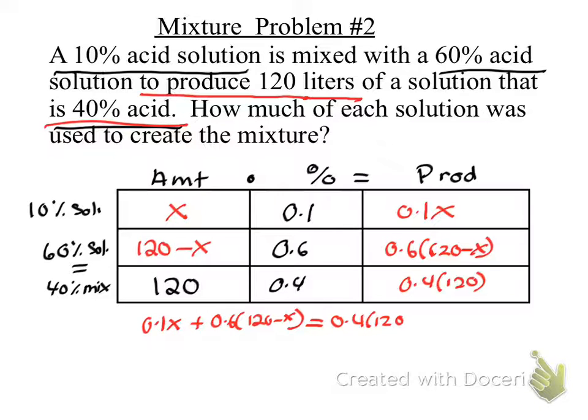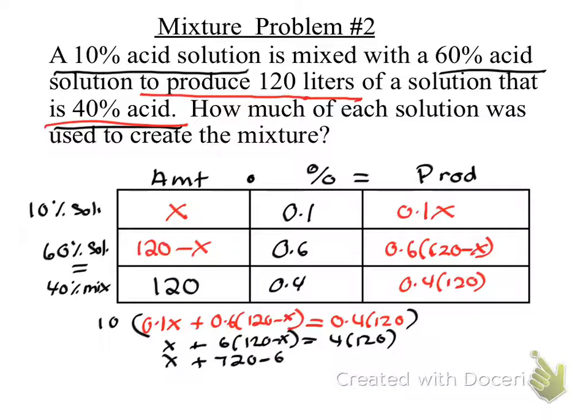I think I want to get rid of my decimals. I'm going to multiply by 10. X plus 6 times 120 minus X equals 4 times 120. X plus 720 minus 6X equals 480.